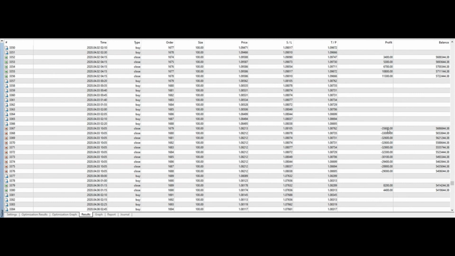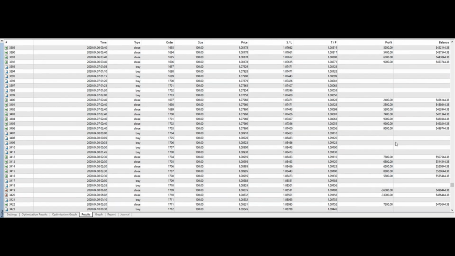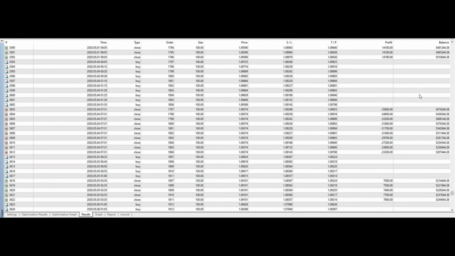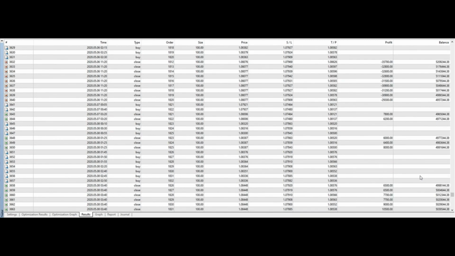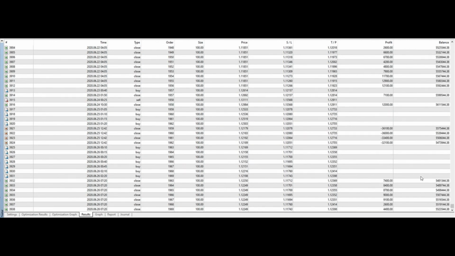So this is a massive drawdown, which took it from 5.7 to 5.4, so a 300k loss. But it started to grow again. Yeah, some big losses here. Also some big wins. Another big loss from 5.5 to 5.2, 300k again. And it finishes up at 5.5.